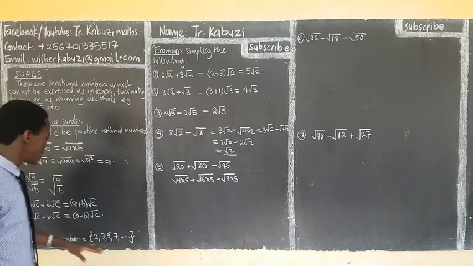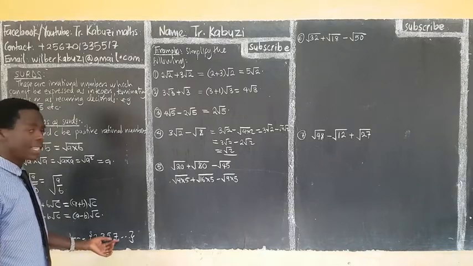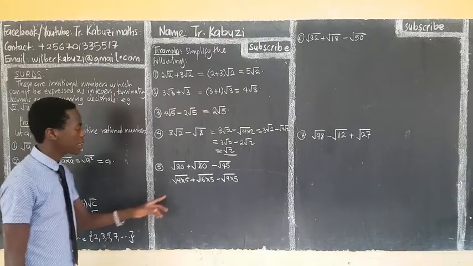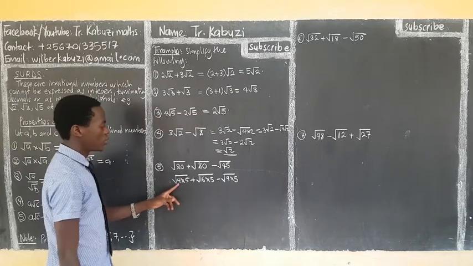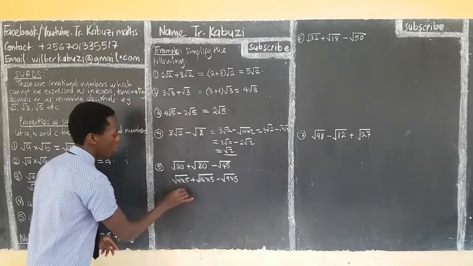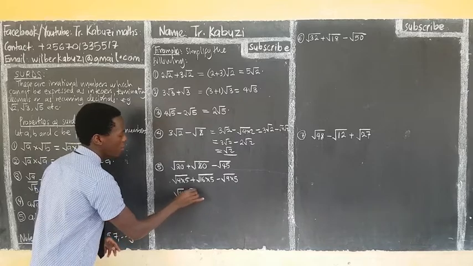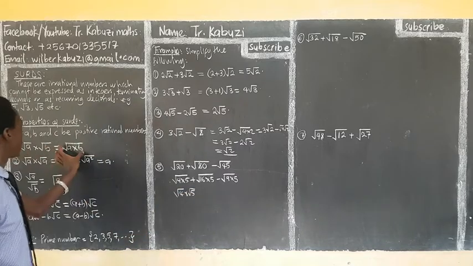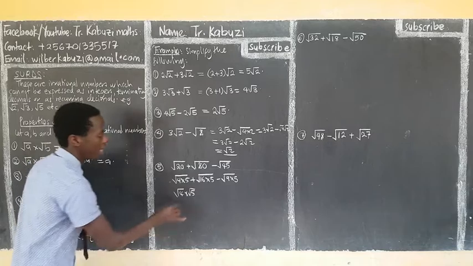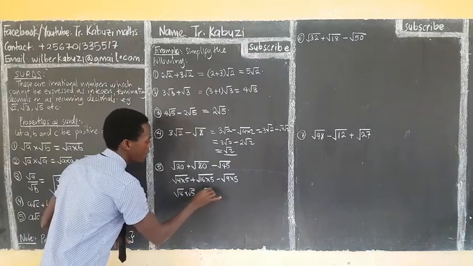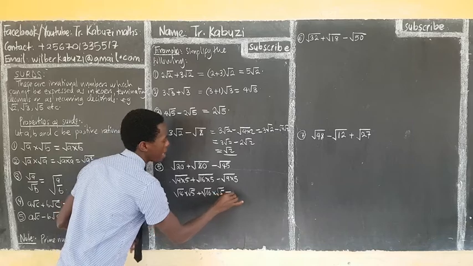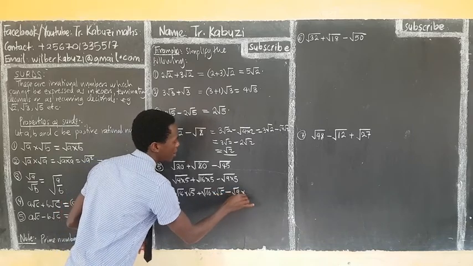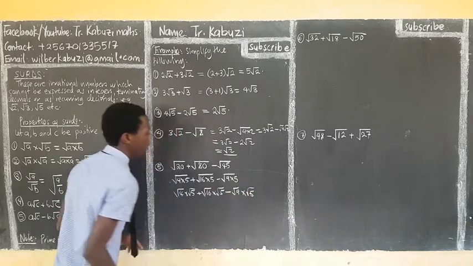So you always first step through using these prime numbers. Here you can separate root 5. This will be root of 4 times root 5 from here. Then plus root 16 times root 5, then minus root 9 times root 5.